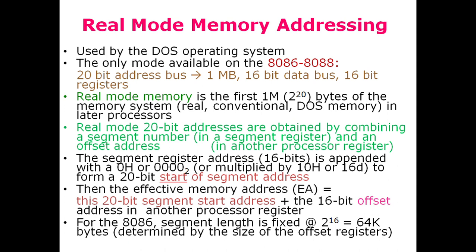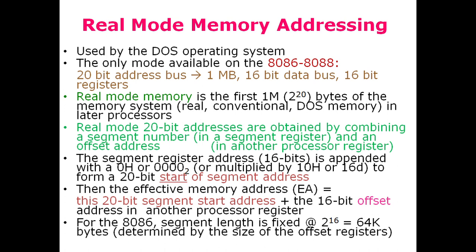This gives the 20-bit starting address of the code segment. Then, from where to fetch the instruction inside that code segment, that address is provided by the instruction pointer. So the value in the instruction pointer is basically the offset address inside the code segment.